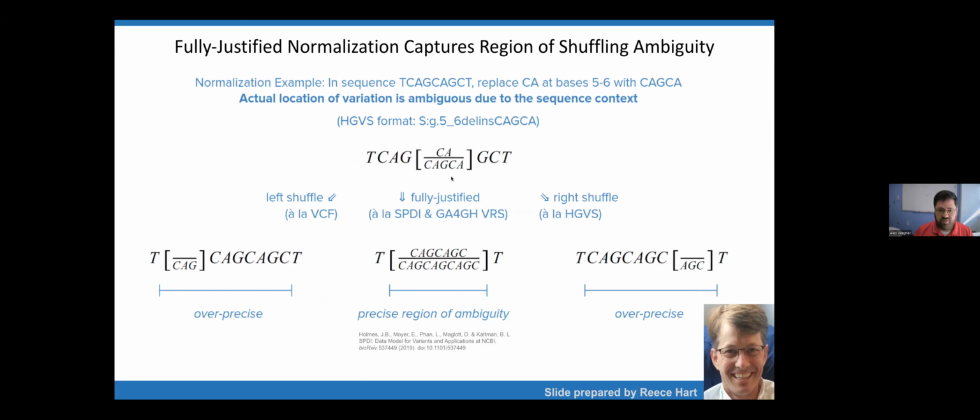Since we can only measure the end state, all we really know is that it got three nucleotides longer. We don't know where those new three nucleotides came from because they could be the first ones, the last ones, the middle, et cetera. And they all biologically mean the same thing.